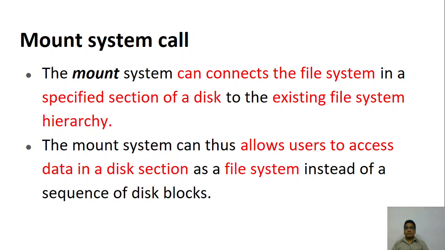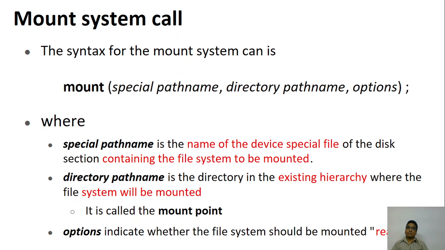This allows the user to access the data in the disk as the file system. So when I mount an external file system, that becomes a part of the existing file system, and then we can directly access the content of this particular file system as though we are accessing the existing file system.